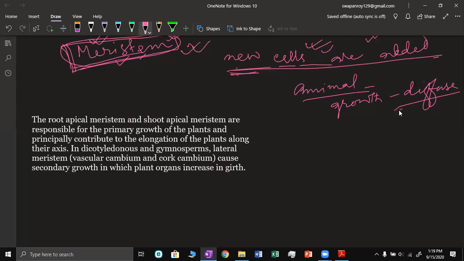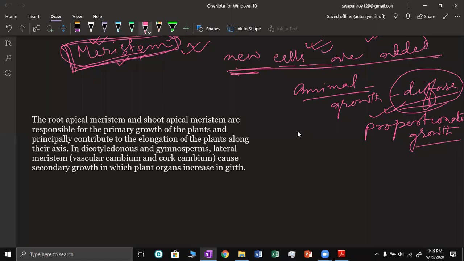The growth takes place in all the organs, all the parts of the organism, in a definite proportion. So it is proportionate growth in animals, but in plants it is not like that.